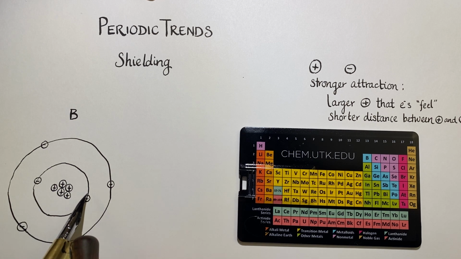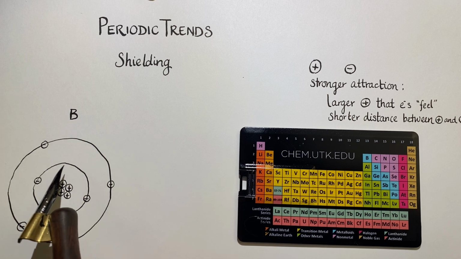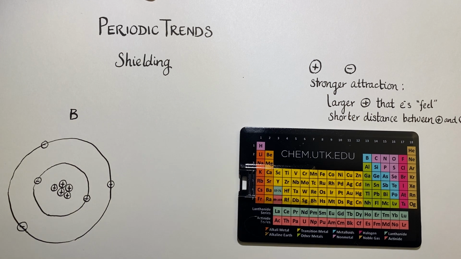So we have this inner shell, and by the way, any of the inner electrons are called core electrons. Those are any of the electrons that are inside of the outermost shell.